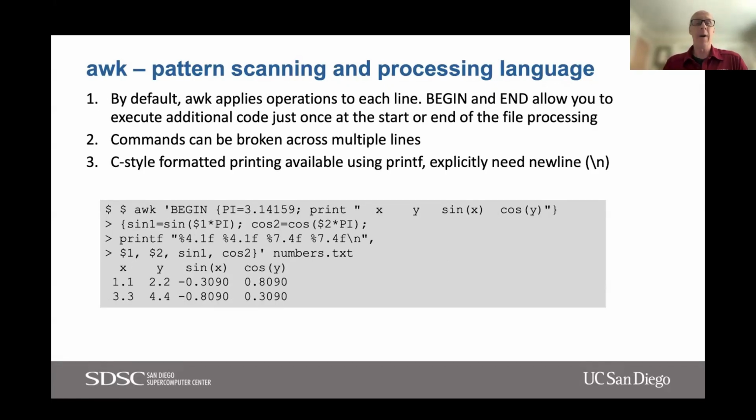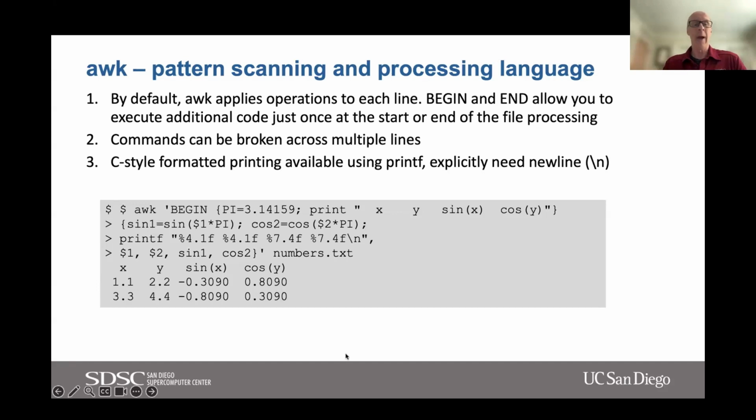We can get even more complicated. By default, awk applies operations to each line, but BEGIN and END allow you to execute additional code just once at the start or the end of file processing. This is really handy if you want to accumulate values or if you want to provide headers.